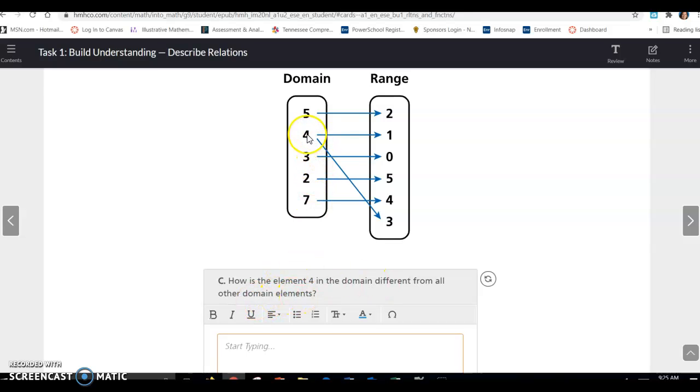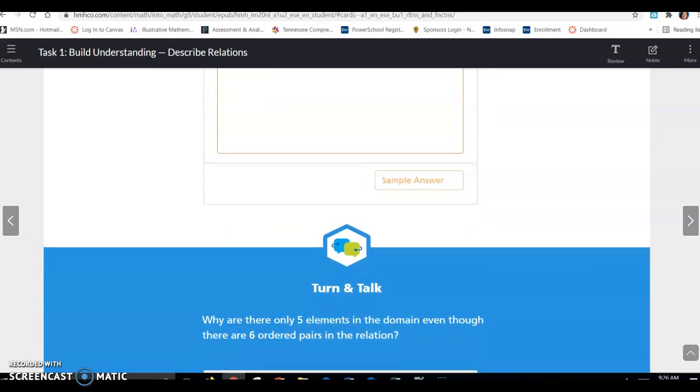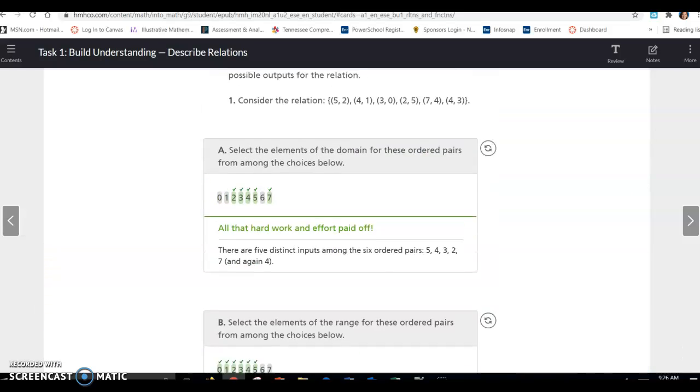You can see 4 maps to 1 and it also maps to 3, so this would have 2 ordered pairs associated with it. Your ordered pairs would be (5, 2), (4, 1), (4, 3), (3, 0), (2, 5), and (7, 4).